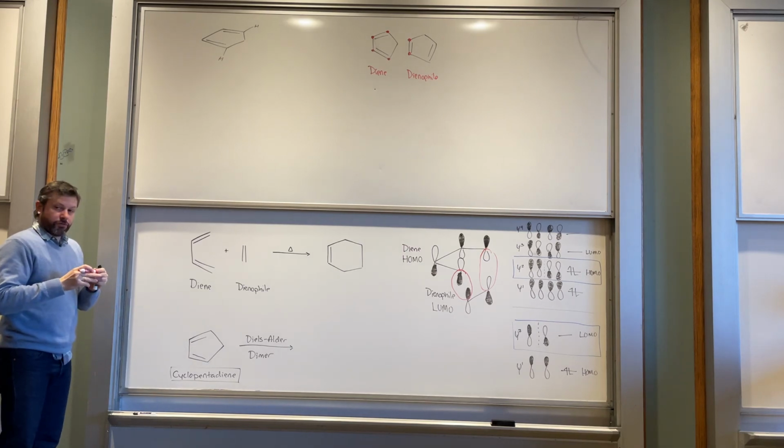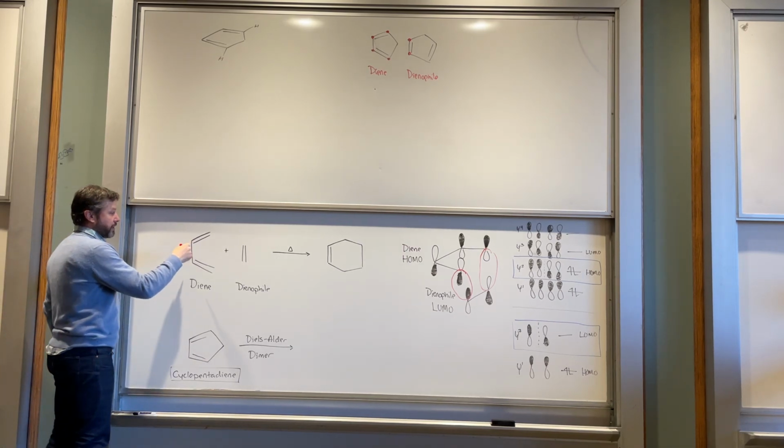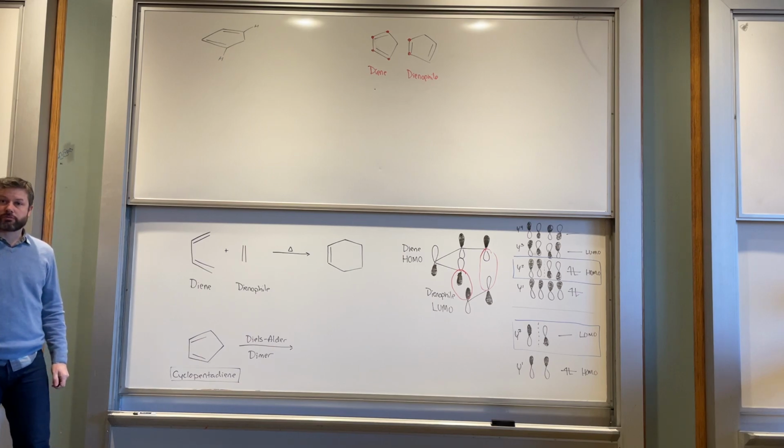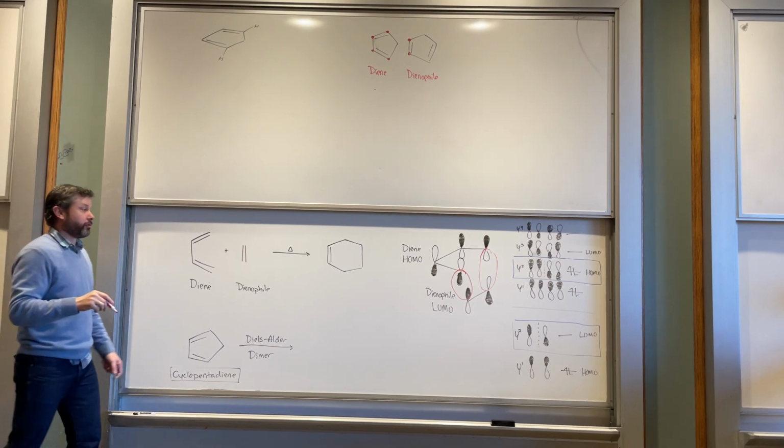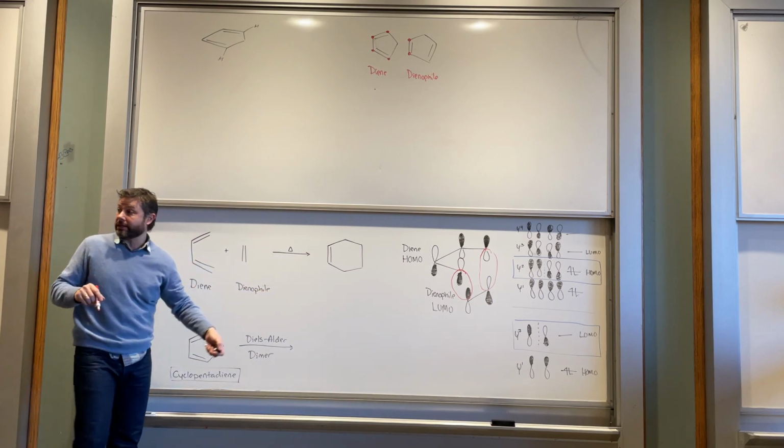If you guys are confused getting started, remember that the mechanism is always going to be the same. The product that you're making is always going to be the same, and you're always making a six-membered ring with a double bond.